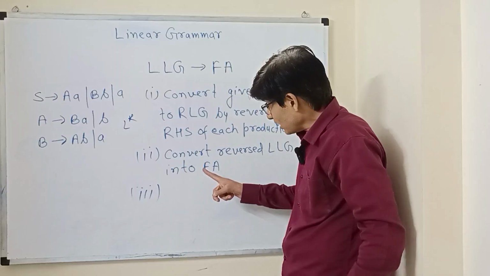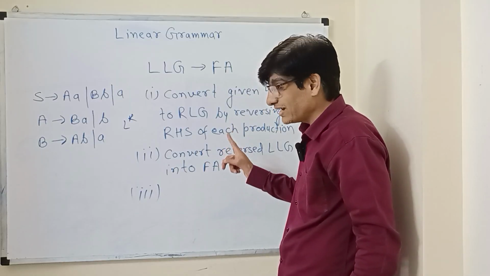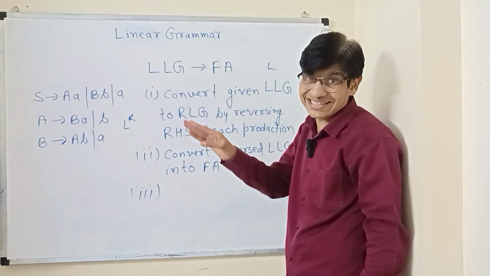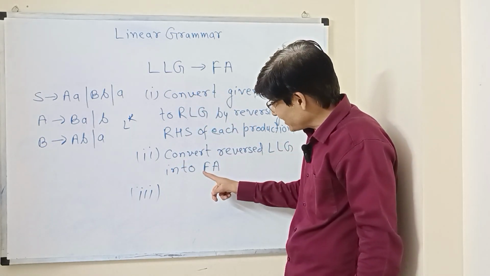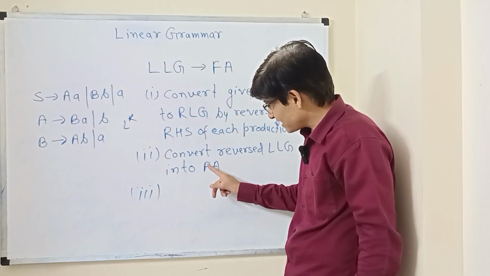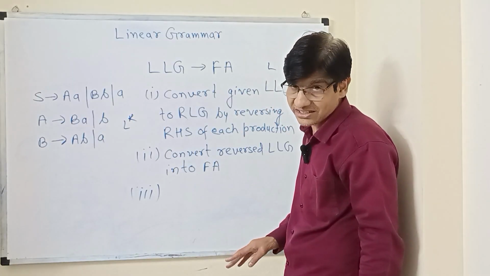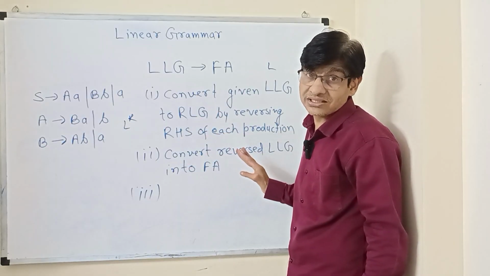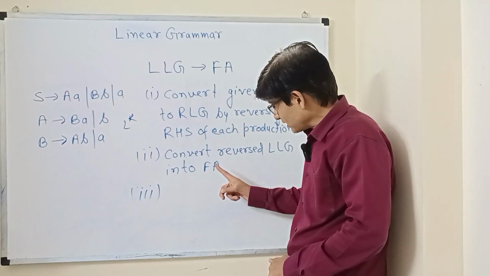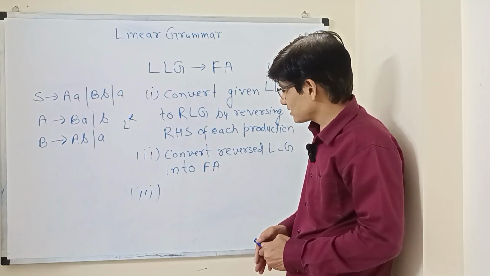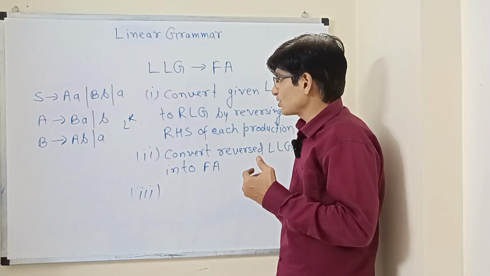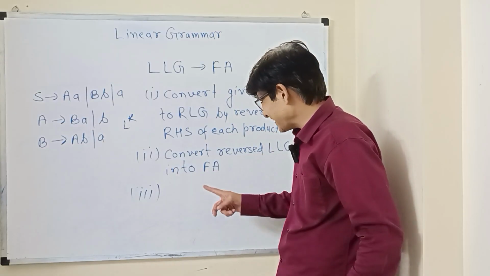Now, if I want to create finite automata for accepting language L, then we can convert the initial state into the final state and the final state into the initial state, and reverse all the directions of transitions. We have seen this property when we discussed the closure properties of regular languages.